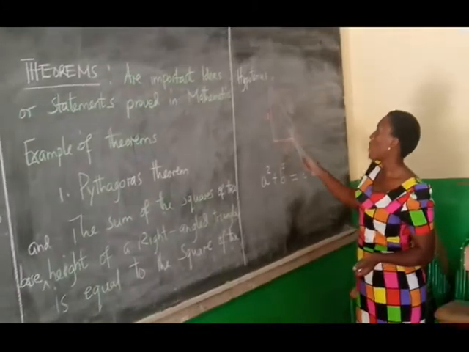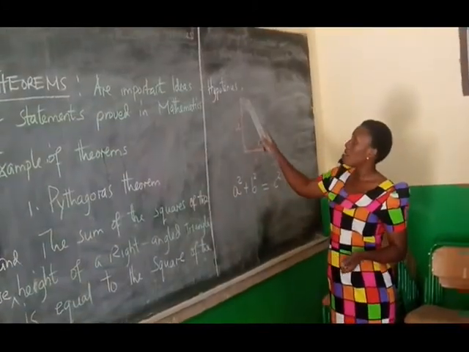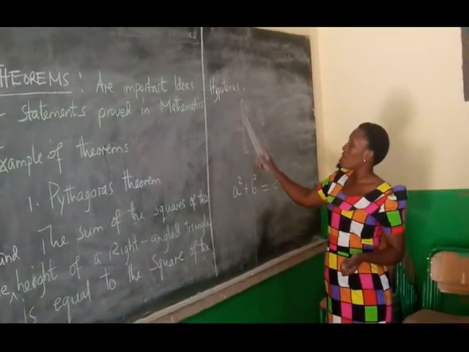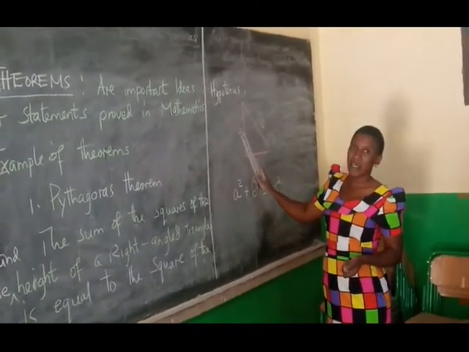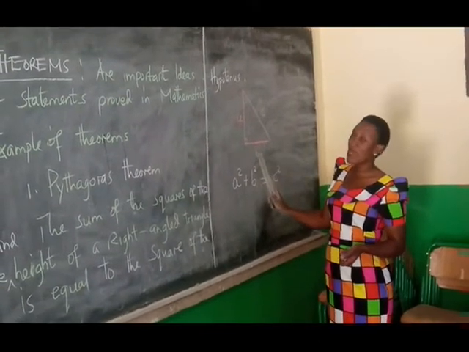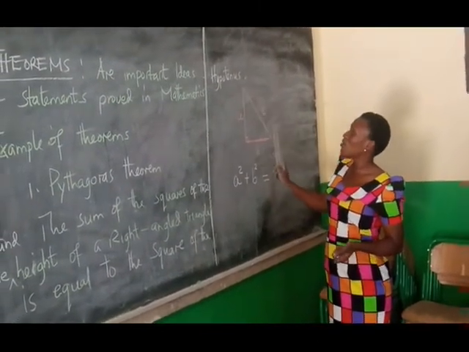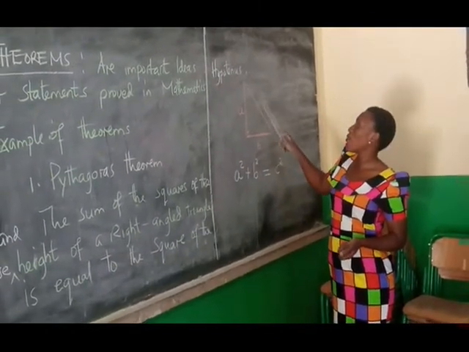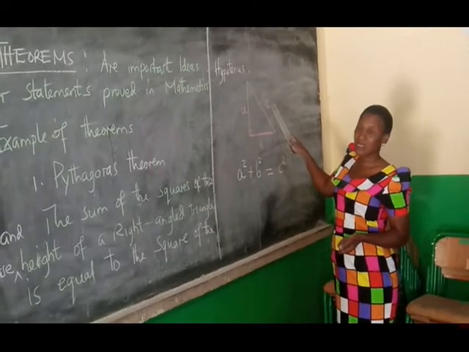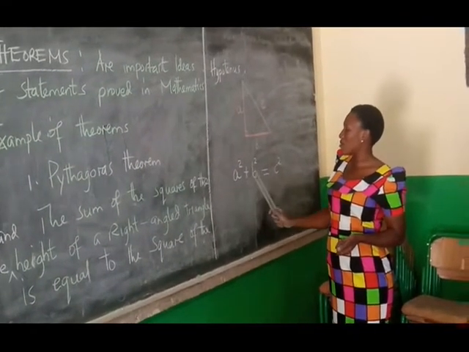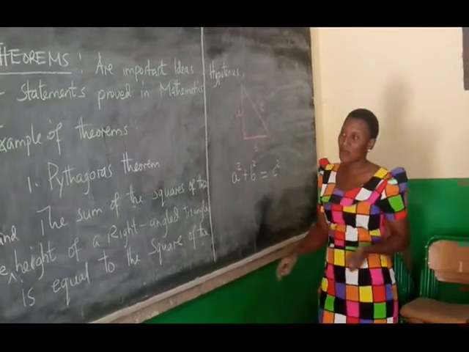As you can see here, we have a right angled triangle, with one side of length a and another side of length b. This side is the longest side of the right angled triangle, which we call the hypotenuse, c. When we take the squares, a squared plus b squared is equal to c squared.